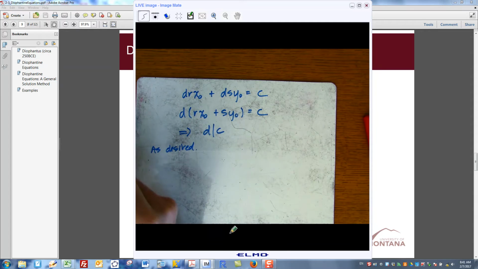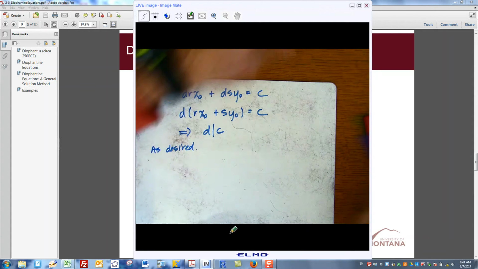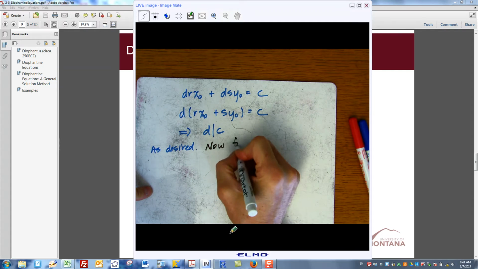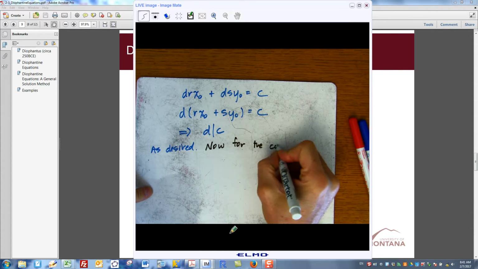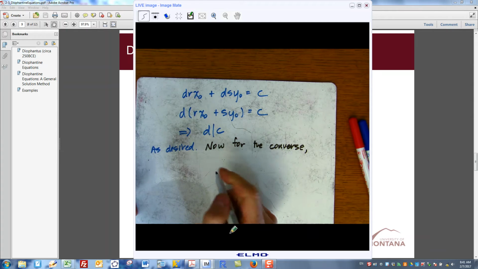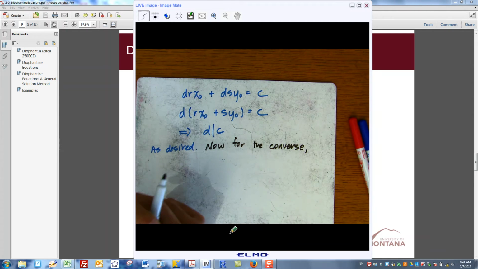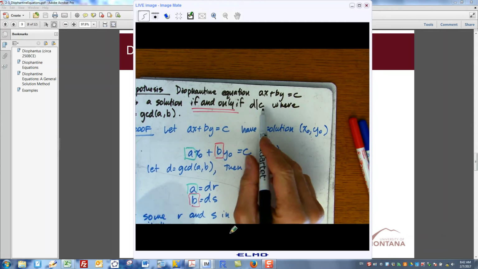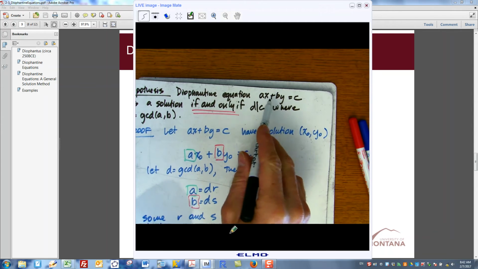Okay, so now let's switch directions. So now for the converse, what are we going to do? We have to start with just the opposite, so let me bring it back. We have to let d divide c and show that the Diophantine equation has a solution.